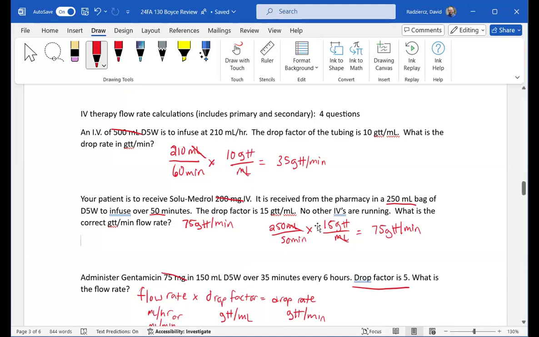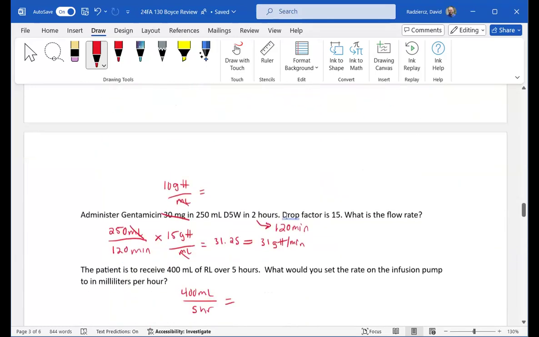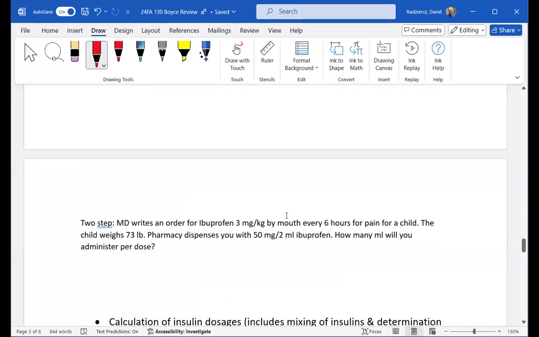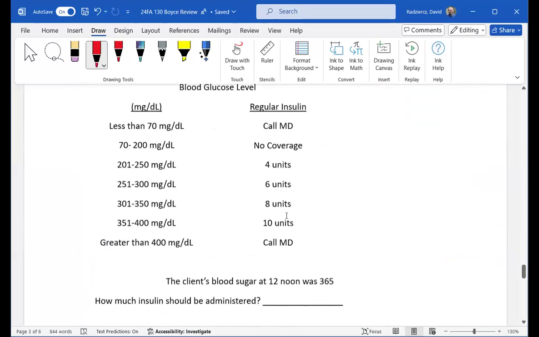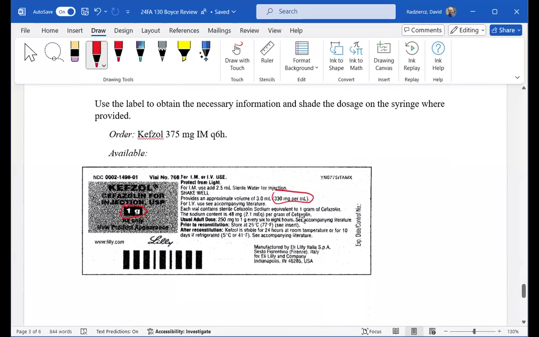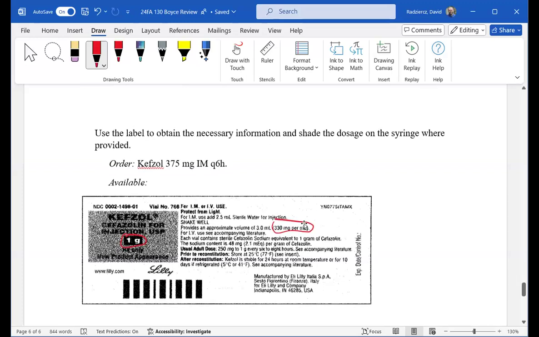All right. Let's jump down to a reconstitution question, since that was also asked, just as a refresher. I have one down here. So first of all, a couple things to remember when you are wondering if you're even dealing with a reconstitution question.